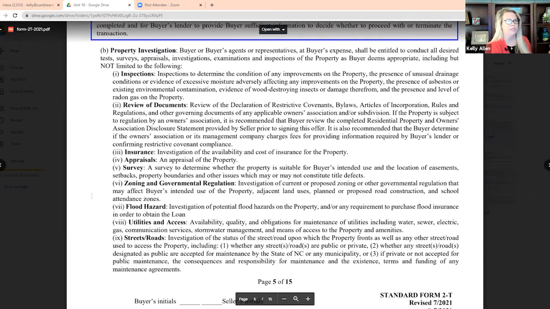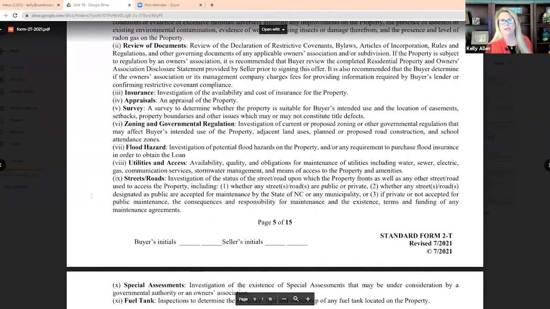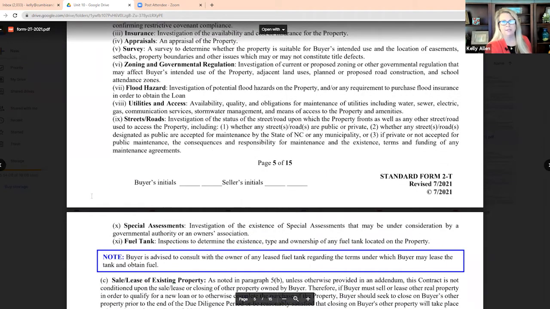Review any pertinent documents, covenants, conditions, and restrictions, so on and so forth. Make sure that they can obtain hazard insurance or home insurance on the property. Have the property appraised. It's advised that they have a survey completed. It's also advised that they should double check zoning and governmental regulation to make sure that they can do with the property what they would like to do with the property.